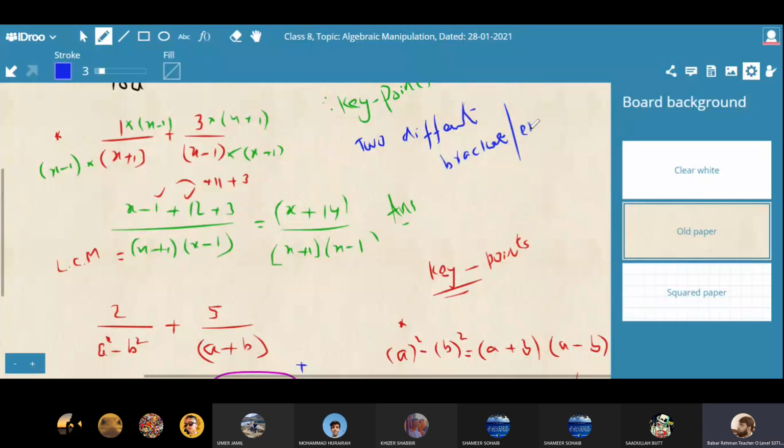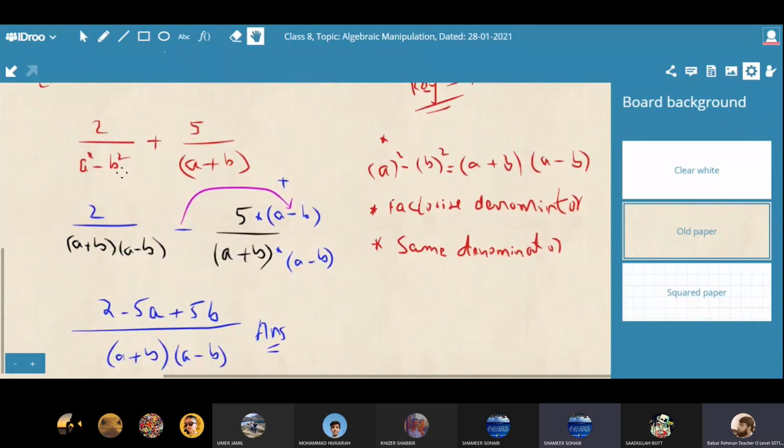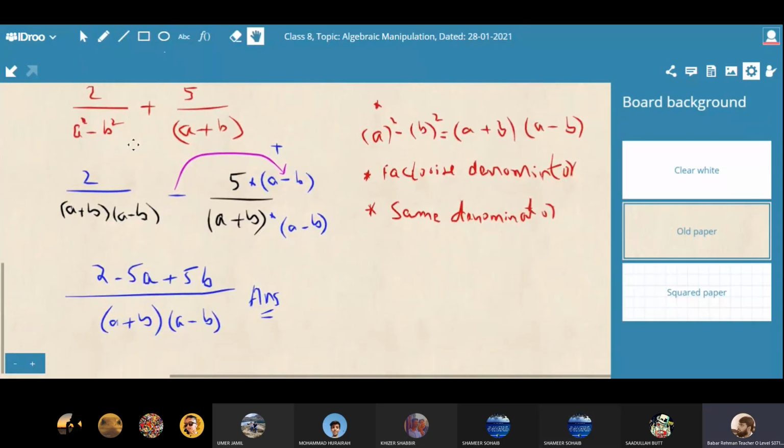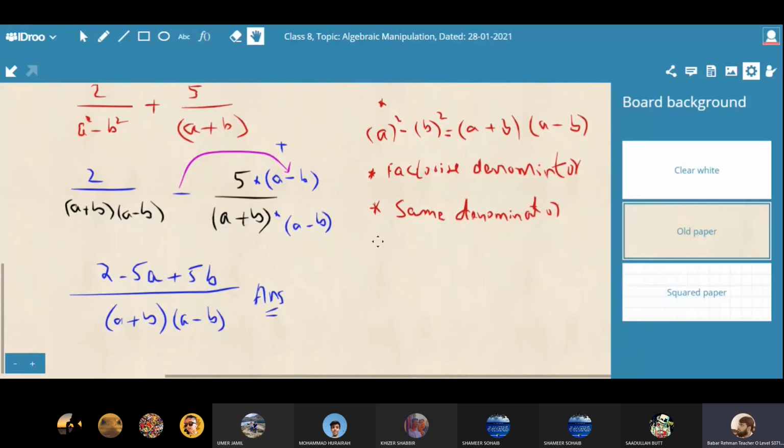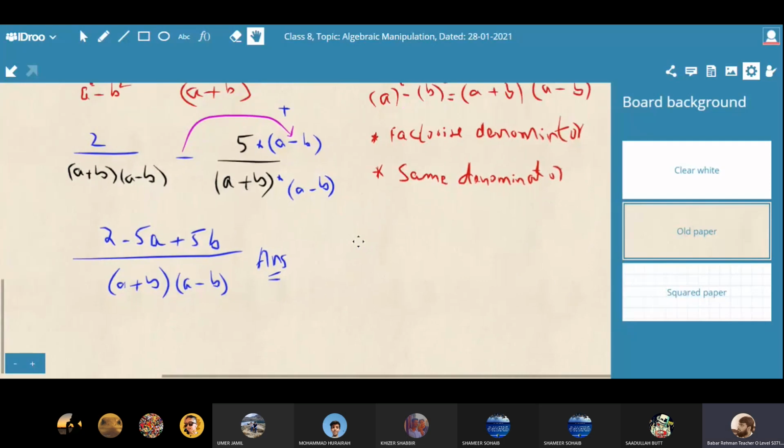So you will multiply these together. Second key point: in denominators, you have to factorize the identity. So look at this, I first factorize the identity, then I make the same denominator. Okay, are you getting my point?